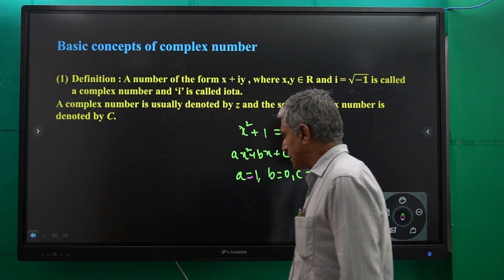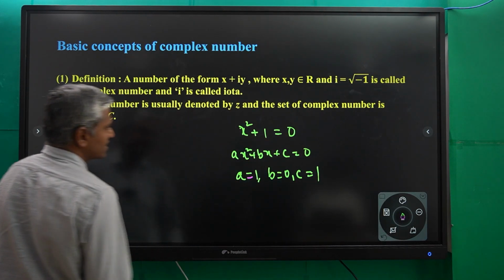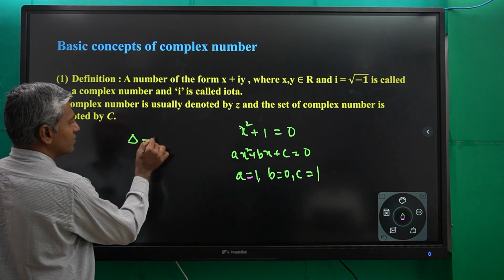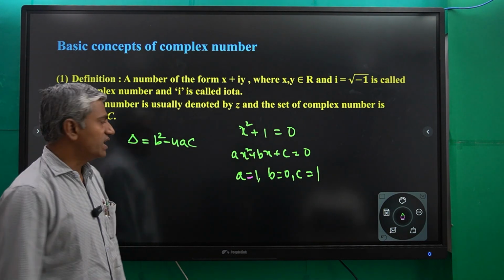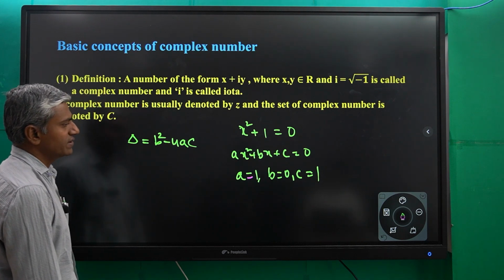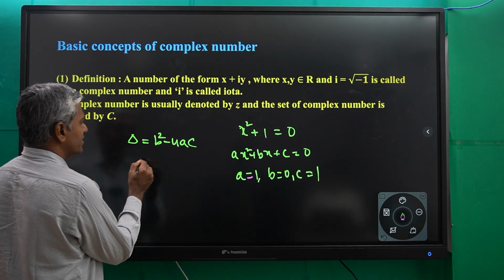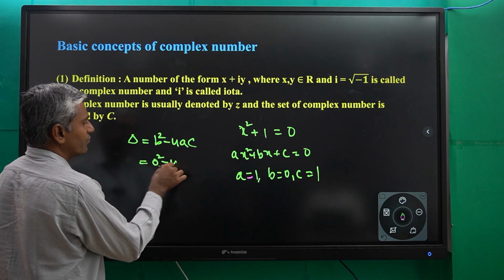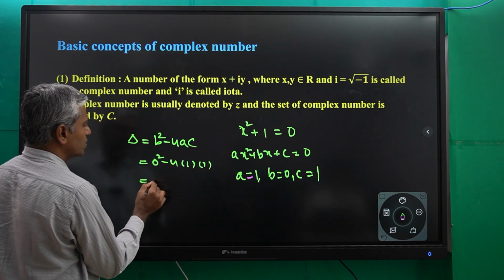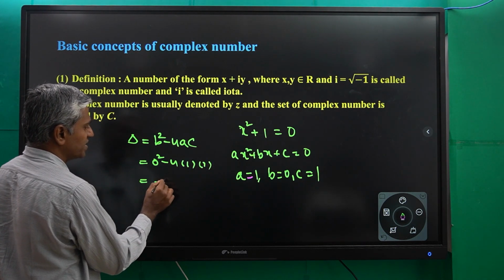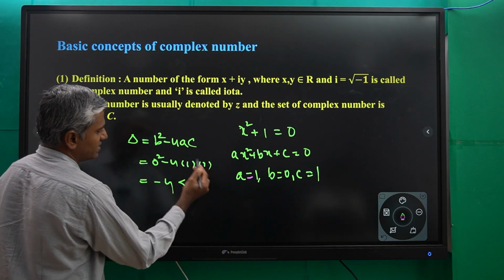Then we can take the discriminant, delta is equal to b square minus 4ac. Substituting, 0 square minus 4 into 1 into 1, that is 0 minus 4, which is minus 4, less than 0.